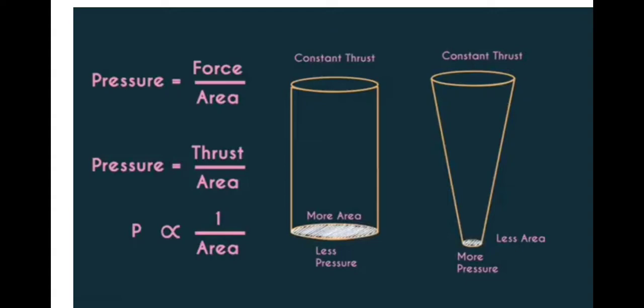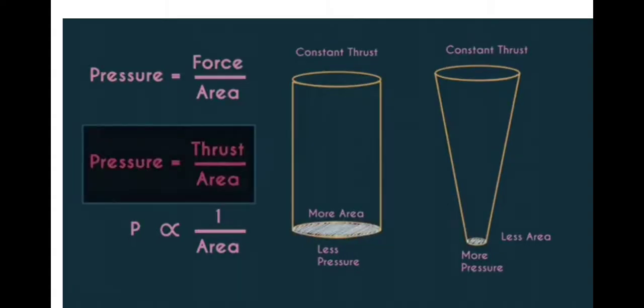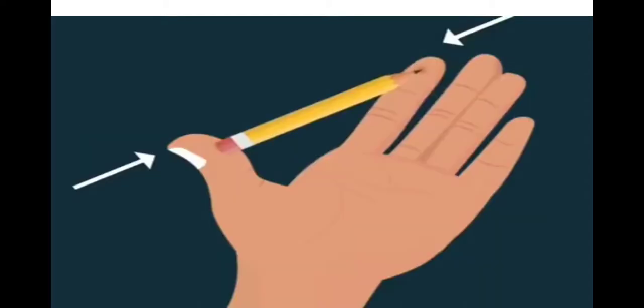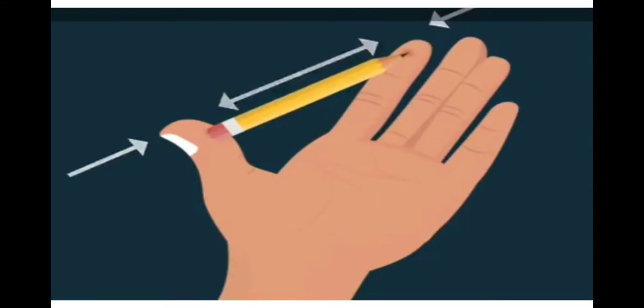Now we can understand the two situations using this formula. What happened in the first situation? As we apply an equal force from both ends, by Newton's third law, the pencil will also apply an equal and opposite force on the fingers.